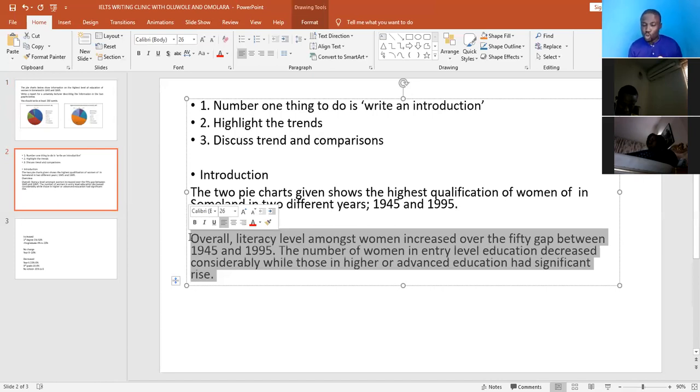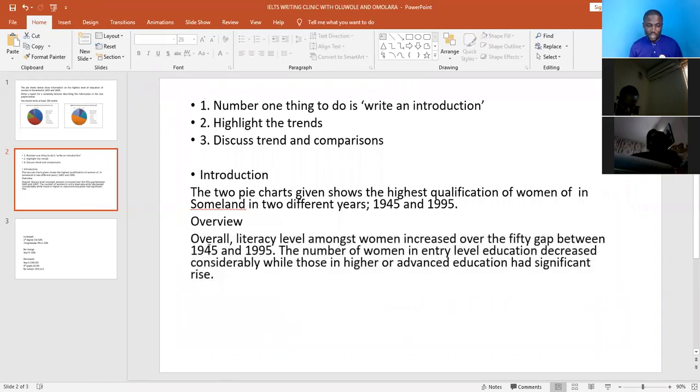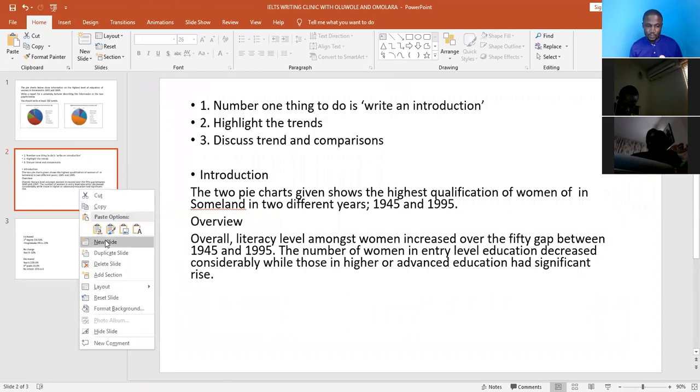So you are now going to compare two things, because the overall thing was that the education improved. The next thing was that some education level decreased, some education level increased, or the number of women in that education level increased. Now let's go to the next thing now.